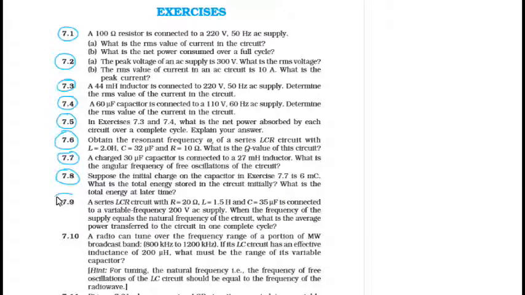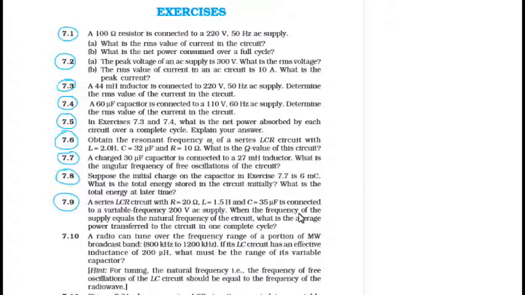Now we'll see 7.9. A series LCR circuit with R equal to 20 ohm, L equal to 1.5 H, and C equal to 35 microfarad is connected to a variable frequency 200 volt AC supply.